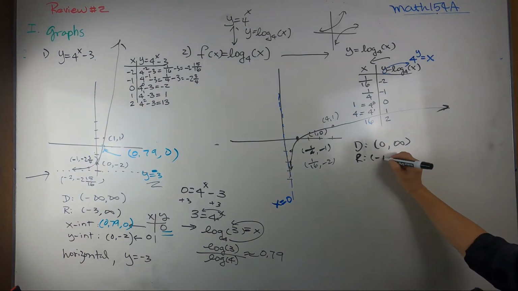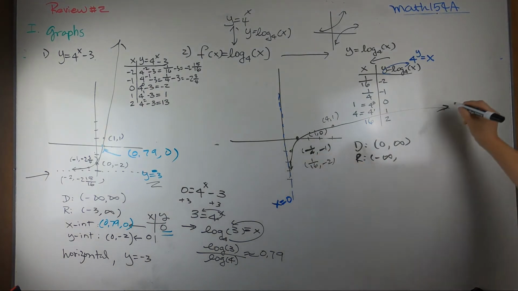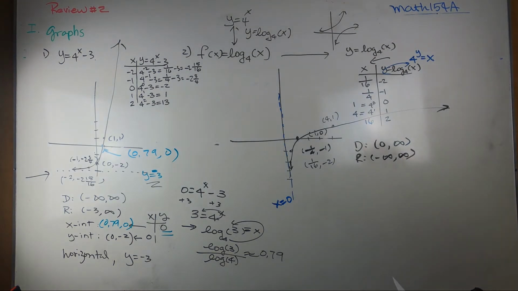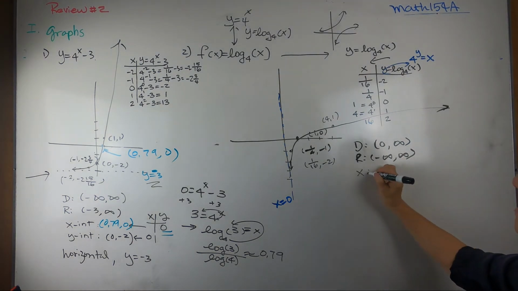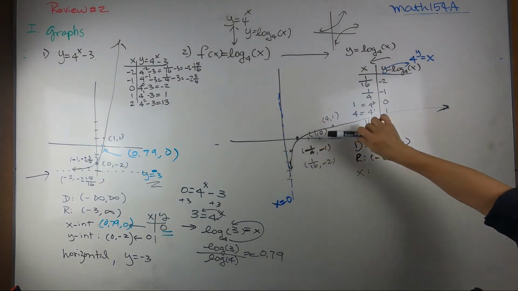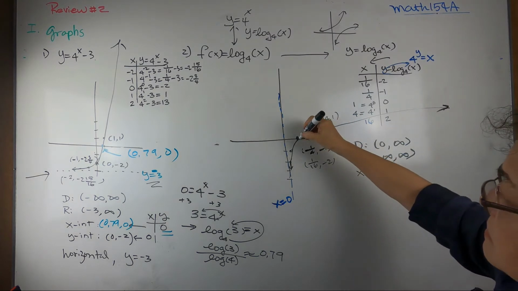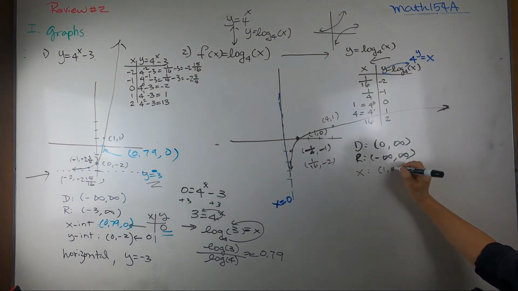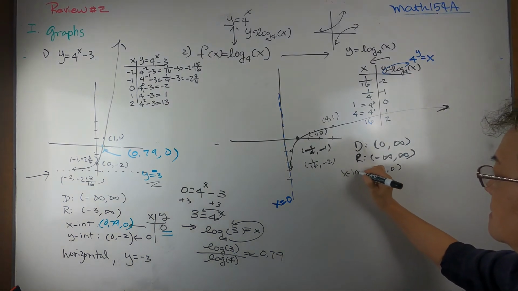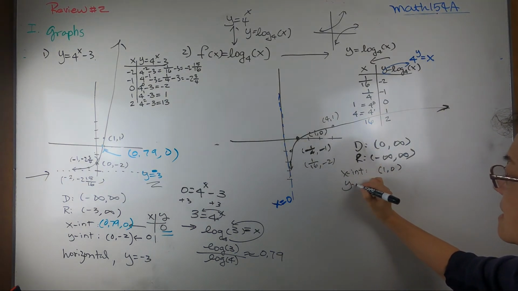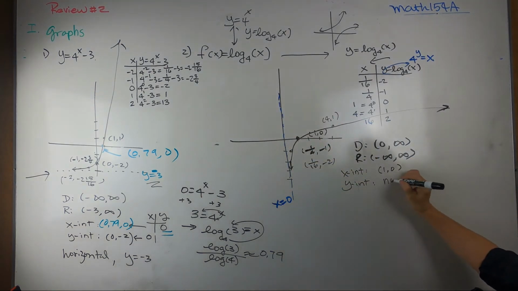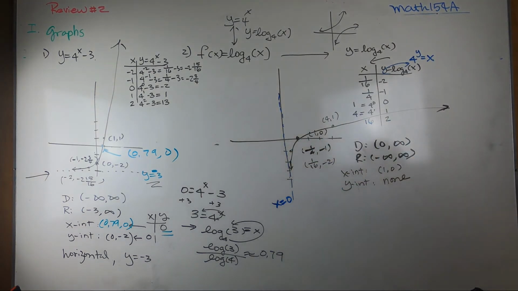Can't go down forever, can't go up forever? -infinity to infinity. What's your x-intercept? Intercept by x. Oh, here, right? (1, 0). What's your y-intercept? There is none, right?